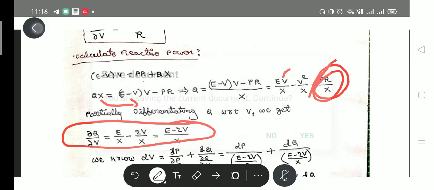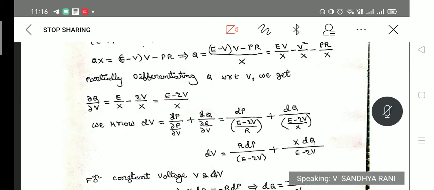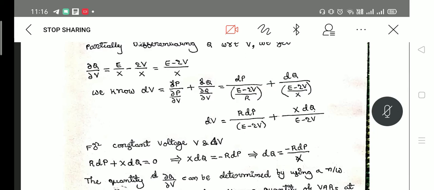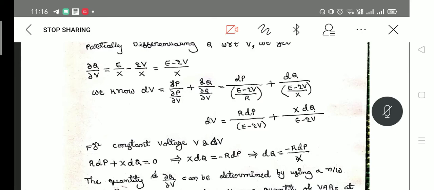In place of these we can substitute the values: ∂P/∂V is (E − 2V)/R and ∂Q/∂V is (E − 2V)/X. Taking R and X to the upper side, we get dV = R dP/(E − 2V) + X dQ/(E − 2V). Taking (E − 2V) to this side, dV·(E − 2V) = R dP + X dQ. I am neglecting the left-hand term and taking it as 0.